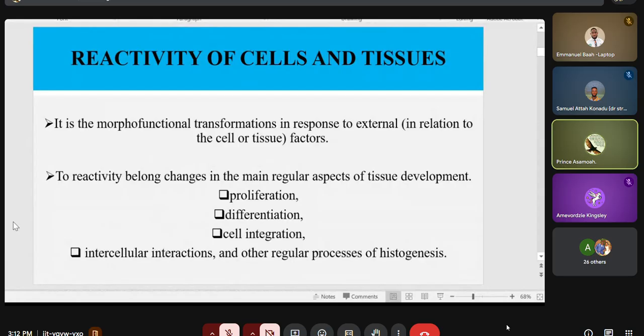That is an external factor that has hit the cell, and there are going to be transformations, and these transformations can affect their function. It can also affect their shape. Okay, so that is what we are saying reactivity of cells and tissues are. At this point, any question?